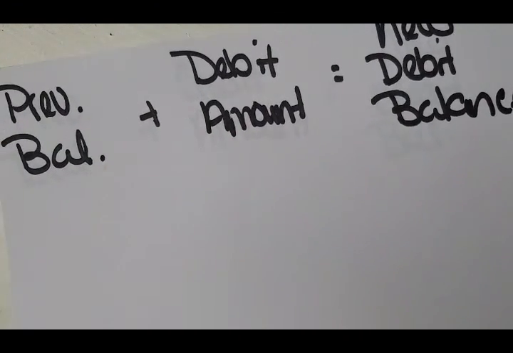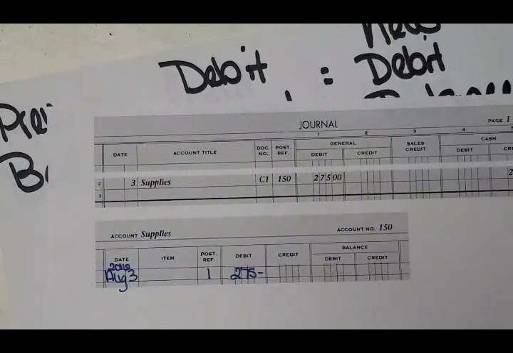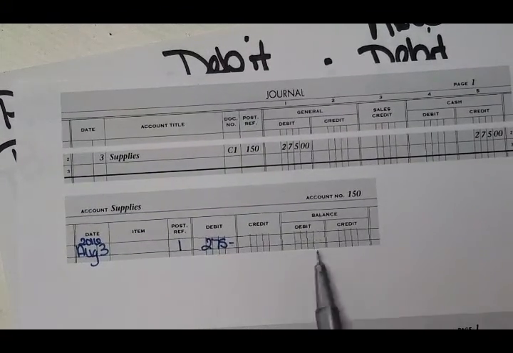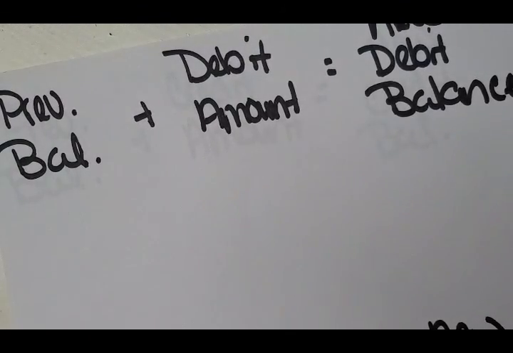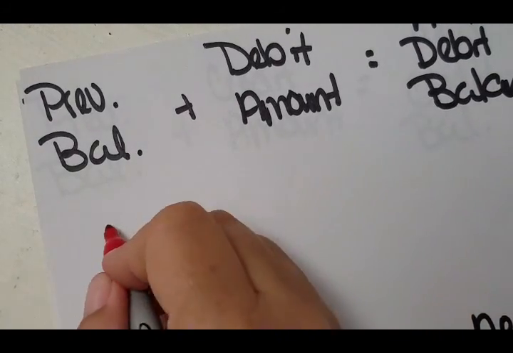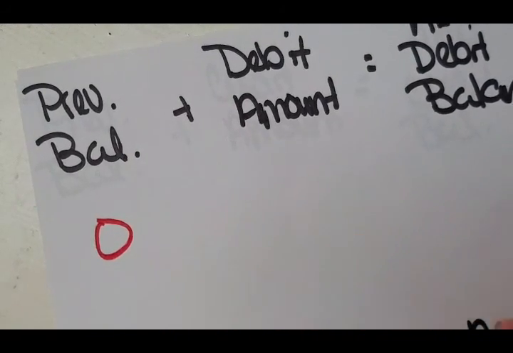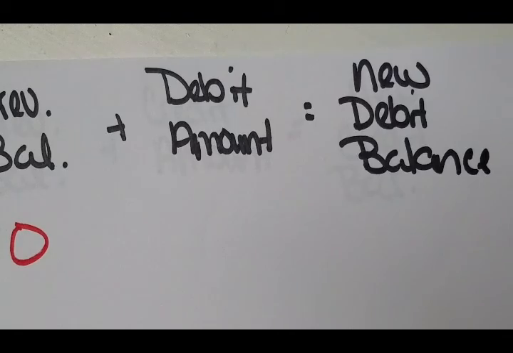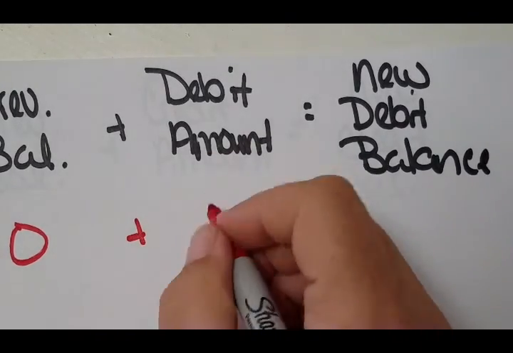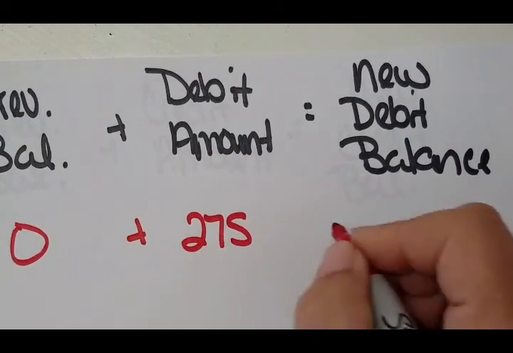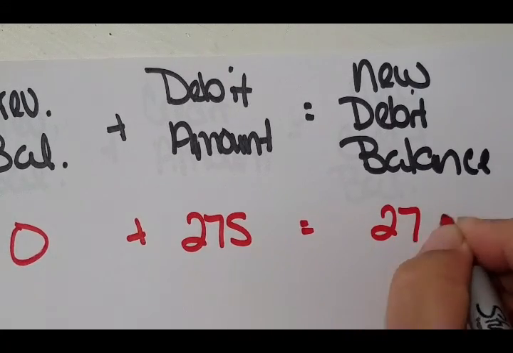So to show you the math, the previous balance, there wasn't one. So our previous balance was 0 plus our debit amount of $275 equals $275.